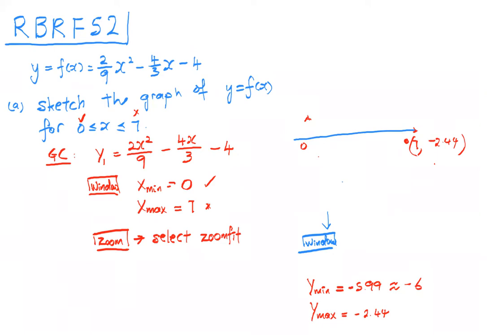My graph should start from -4 here, go down, then go up, correct? Then I must jot down this. What is this? Point. Please use your calculator.